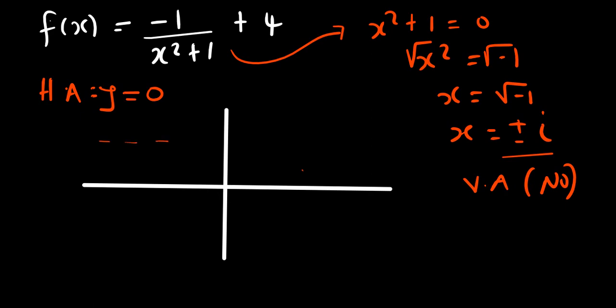So because it has shifted 4 units, that's where our horizontal asymptote will be. So let's just do that. Like that, this is 4. Okay, it has been shifted 4 from zero. It was supposed to be 0, but now it has been shifted to 4.